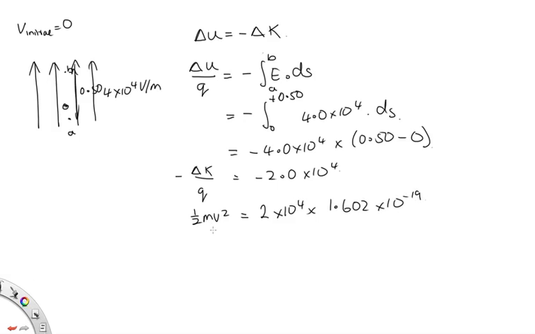Now to get v squared, we just have to use that the mass of the proton is equal to 1.673 times 10 to the minus 27 kilograms. So we can substitute that in for the mass, solve for v squared, and we end up with v equal to 1.95 times 10 to the 6 meters per second. So it's going very, very fast by the end of it.